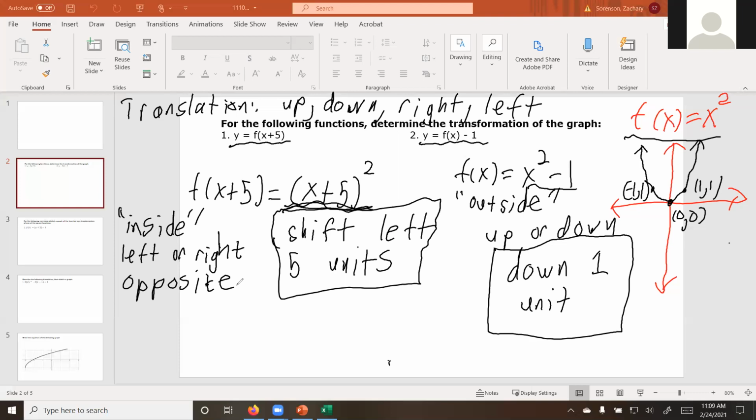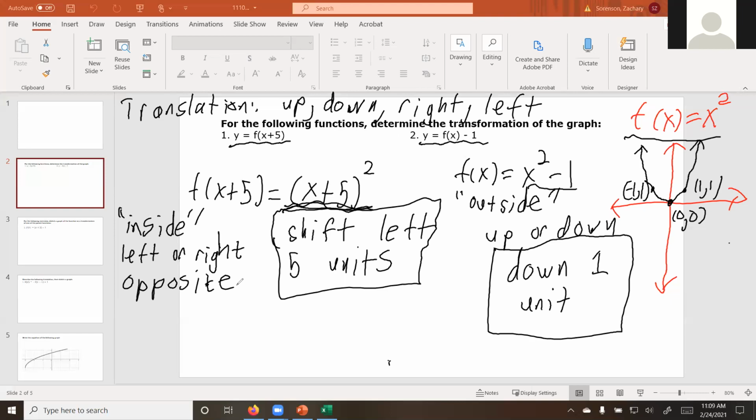Well, now if I'm changing anything horizontally, it's going to do the opposite of what I think. And that also happens when I'm doing multiplication. That happens when I'm doing division. And so if it's outside, it kind of tends to follow the thought that you would have, presumably. Again, I can't read your brain, but that's how I keep things straight. Hopefully that'll make a little bit more sense when we go through an example.